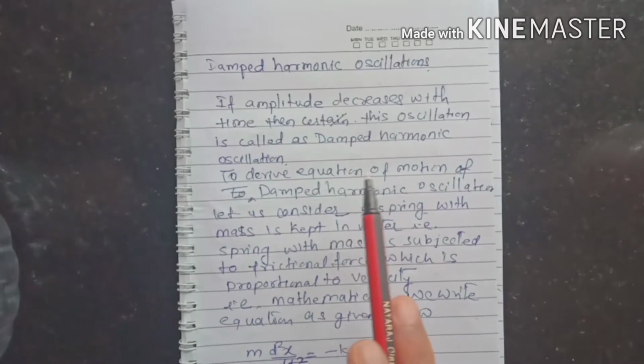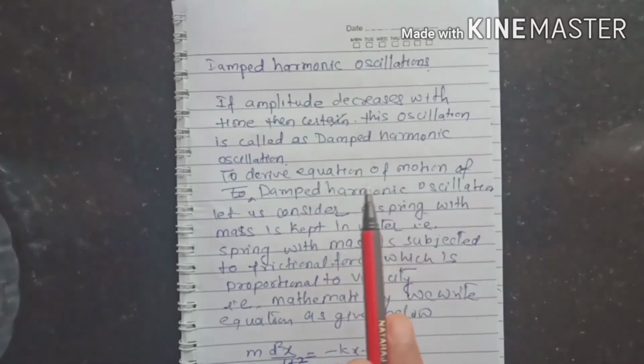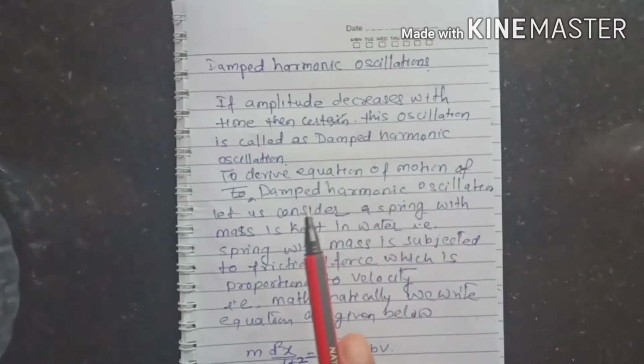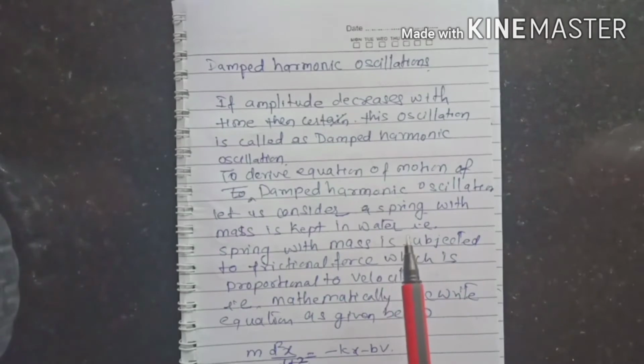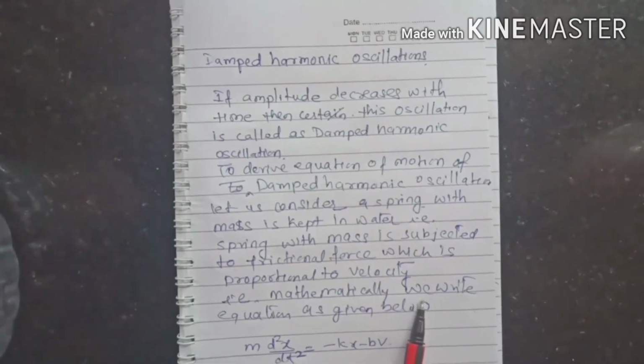To derive the equation of motion of damped harmonic oscillations, let us consider a spring with a mass which is kept in water. That is, a spring with mass is subjected to a frictional force which is proportional to velocity.